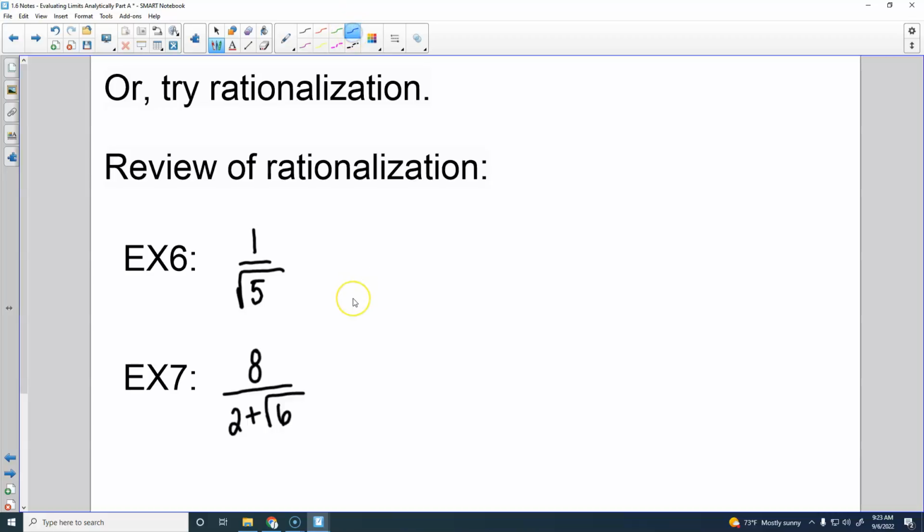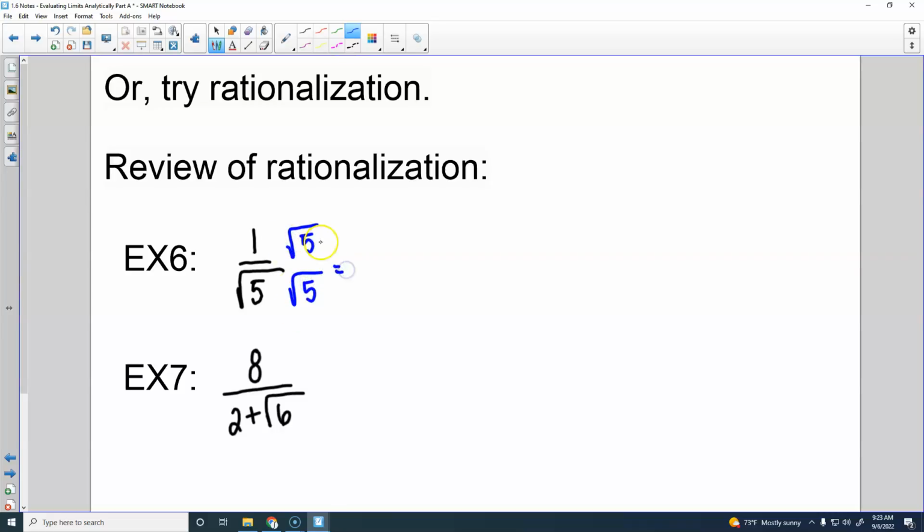So, remind me, rationalization is that we can't have square roots in the denominator. So, how do I get rid of that square root in the denominator? Okay, we're going to multiply. On the top and the bottom, what are we multiplying by? Square root of 5.